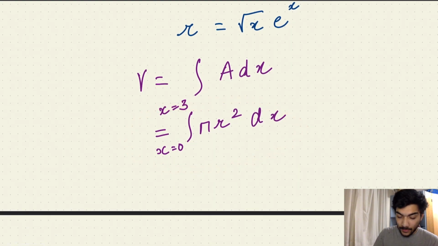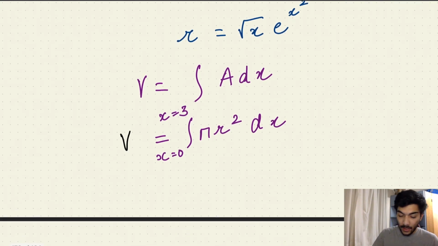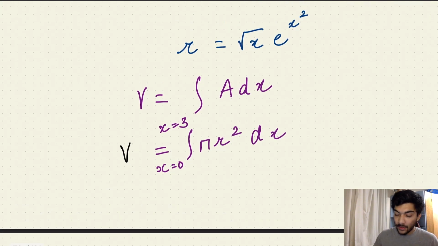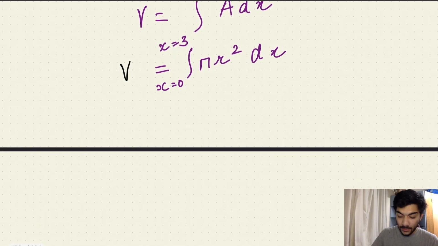So this is the expression that we have to calculate in order to find the volume of the region formed by rotating our curve around the x-axis from x equals 0 to x equals 3. Again, the radius is root x times e to the power x squared.